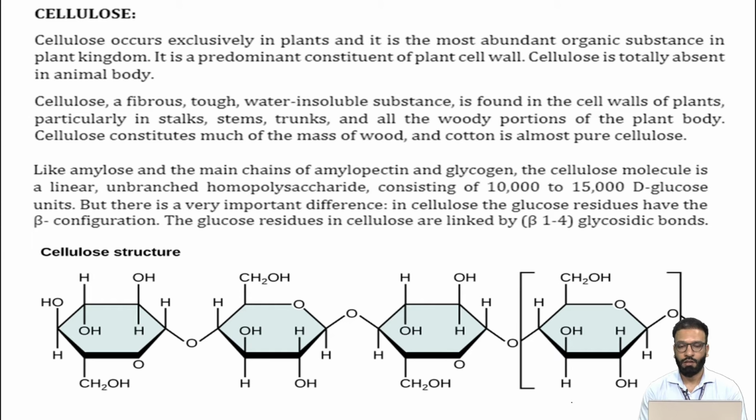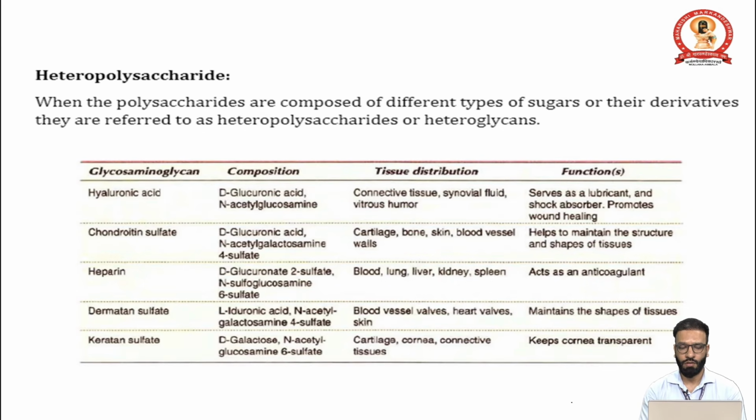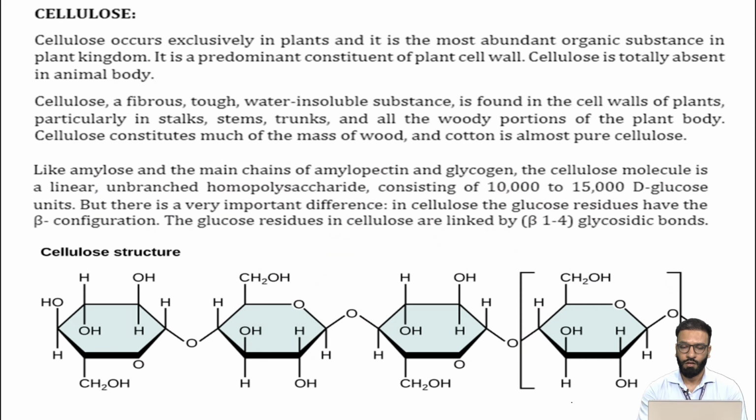Like amylose, amylopectin and glycogen, cellulose is a homopolysaccharide, unbranched, consisting of 10,000 to 15,000 D-glucose units. What is the difference between cellulose and starch? It is the linkage. In cellulose we have the beta 1,4 linkage, but in starch we have the alpha 1,4 linkage. One more important thing to remember is that we are able to digest starch but not cellulose, though both are made up of glucose.